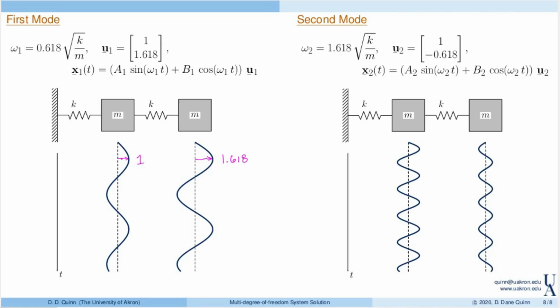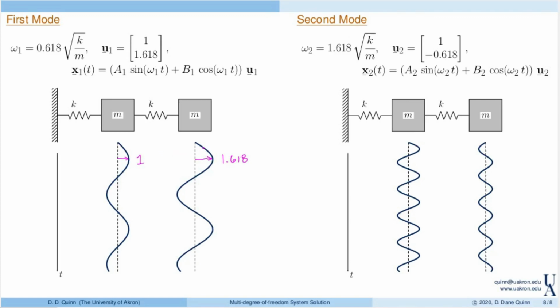It's not to say that the amplitude here is 1, because of course we have this time-dependent function, but the ratio of these two things is as shown. The second block, when it's operating in this first mode, moves 1.618 times as much as the first block.